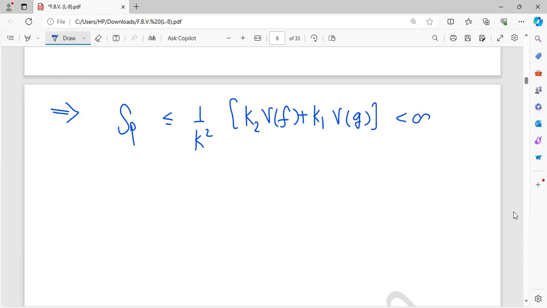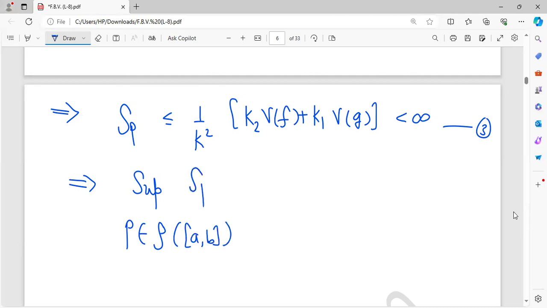But this is a finite and fixed value. So let's say equation number 3. So the supremum over P belonging to the set of partitions of [a, b] of S_P exists in R.